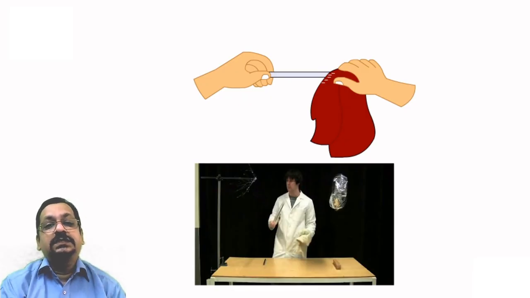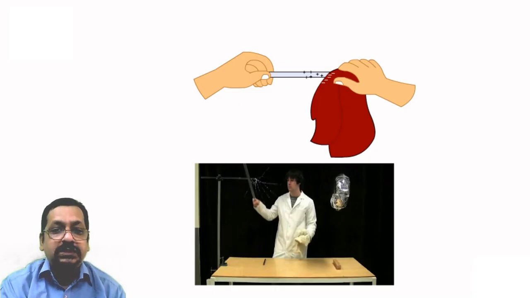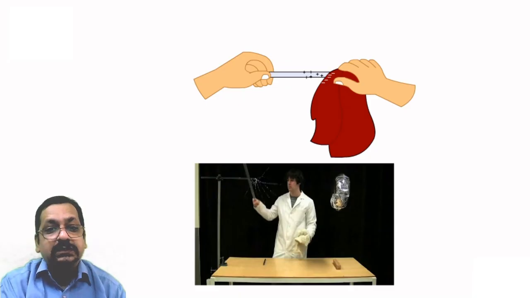When you rub such a glass rod, and if you bring this glass rod near the fibers, they get scattered. So what is happening here? See, the glass rod becomes positively charged and the silk cloth becomes negatively charged. Remember here, the charges are not produced.